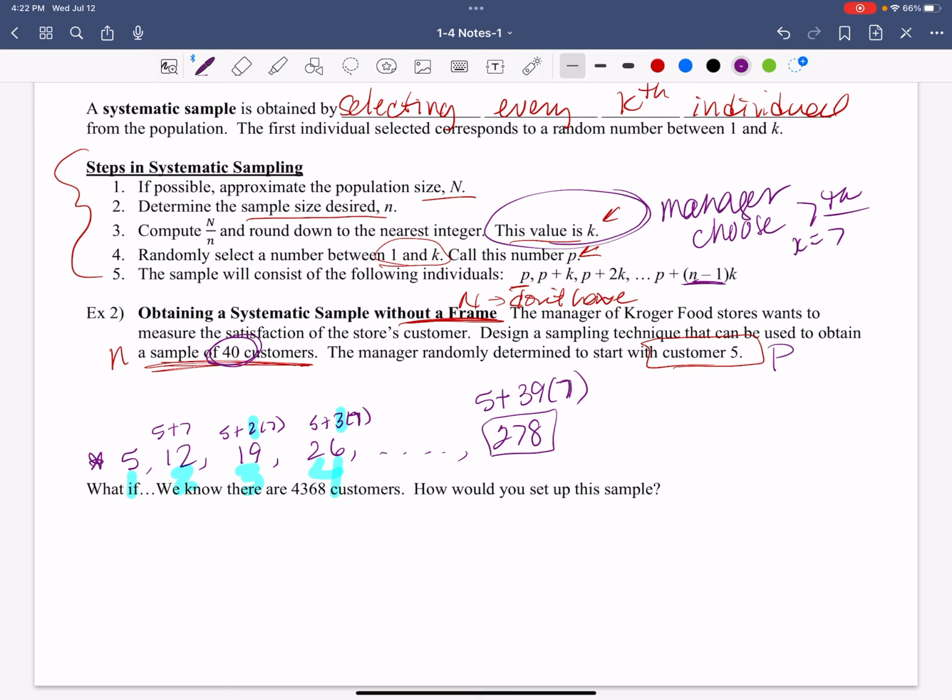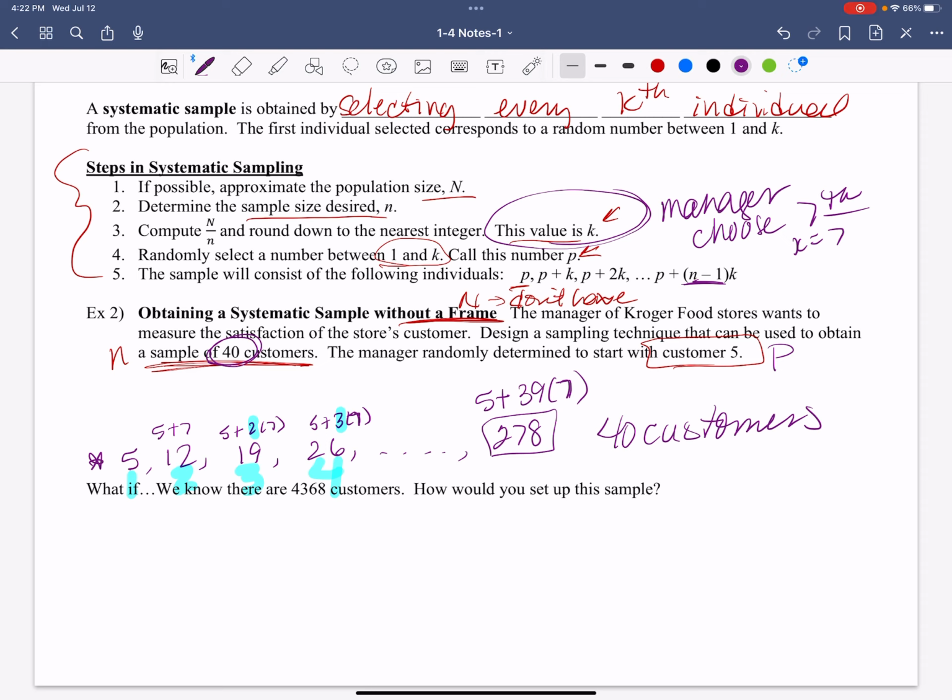So you've got customer number 5 to start you off with, then customer number 12, customer number 19 as you go through here, and then my sample size will end with customer number 278. And that will be my full 40 customers for my sample. And that's what makes it systematic.